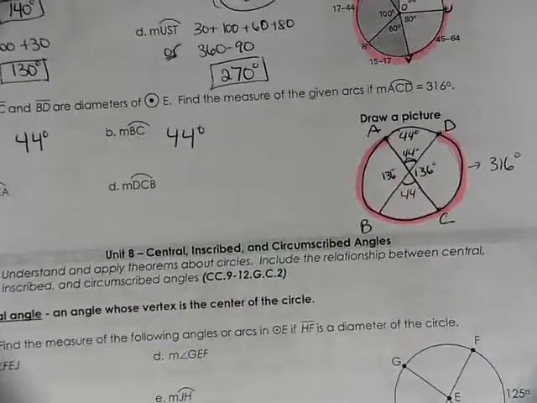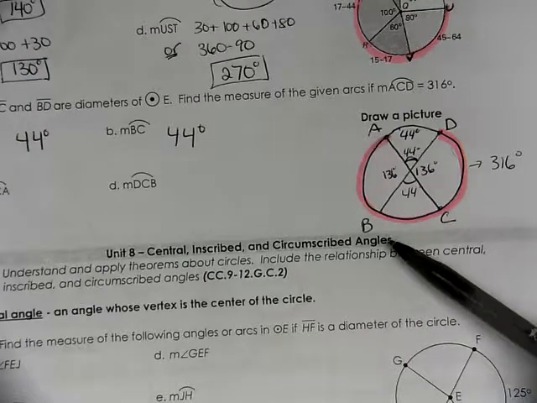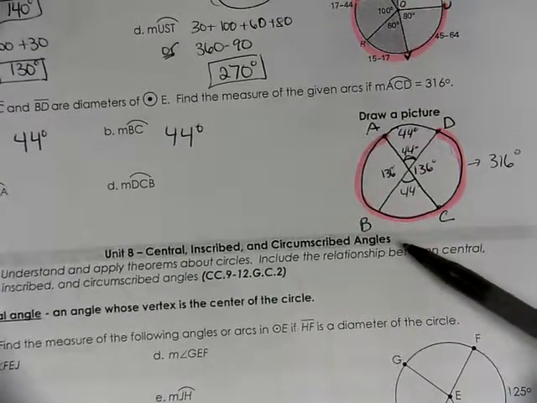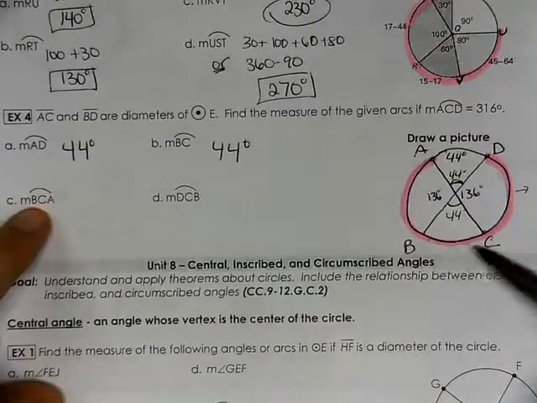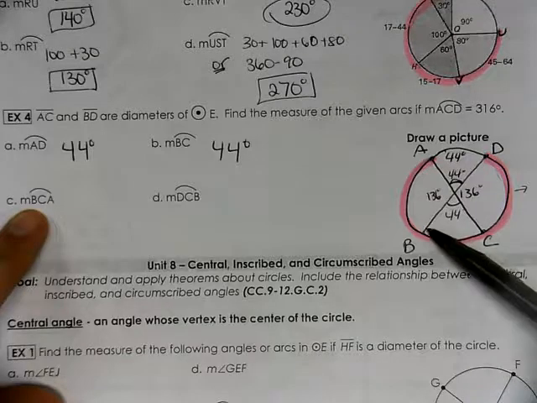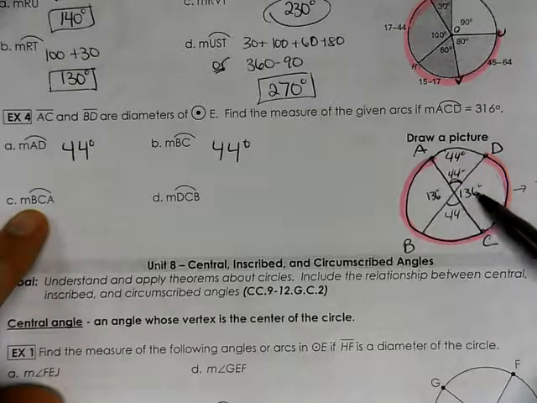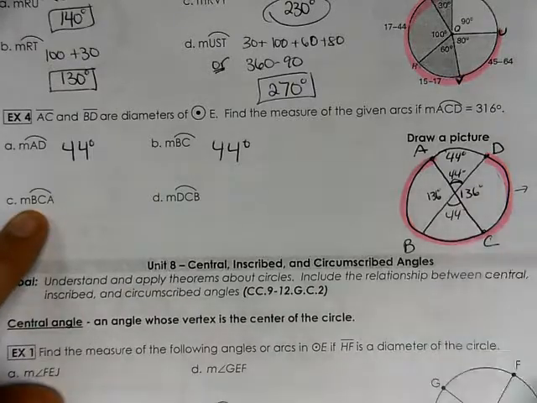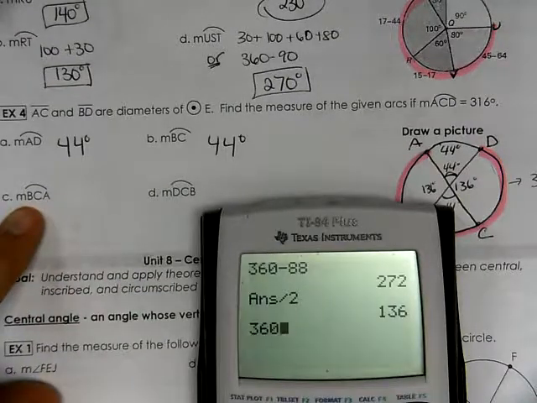Okay, so the hardest part about this stuff is it's not a process, it's just kind of using your brain to figure stuff out. So B to C all the way over to A would be all three of these parts. Or we can do 360 minus the 136.